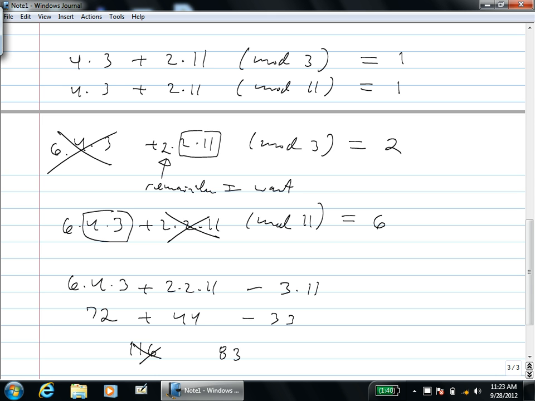Why does subtracting 33 work? Well, if I were to try to take this number and do the remainder when I divide by 3, not only would this thing not be relevant, but this one also wouldn't change the remainder. So it doesn't change the answer at all. So subtracting 33 in this case gets me another answer.